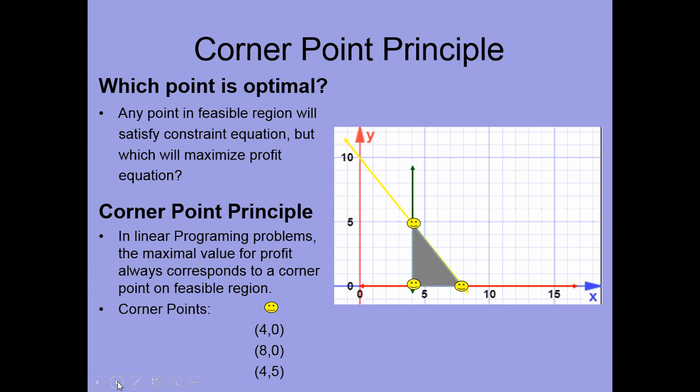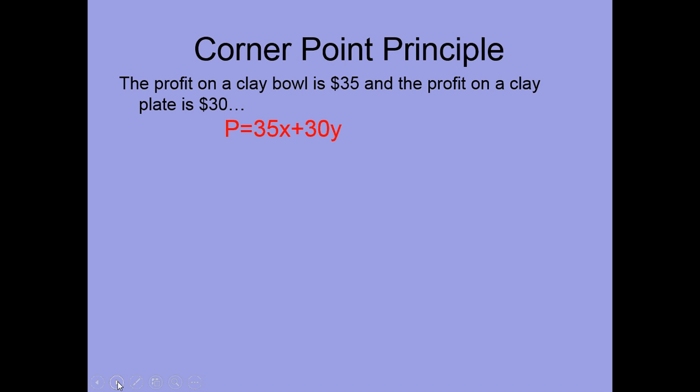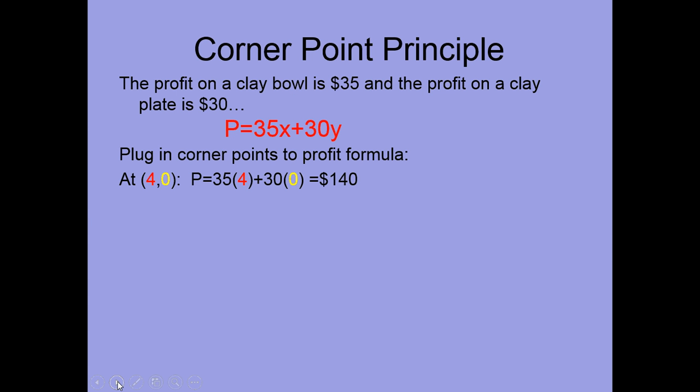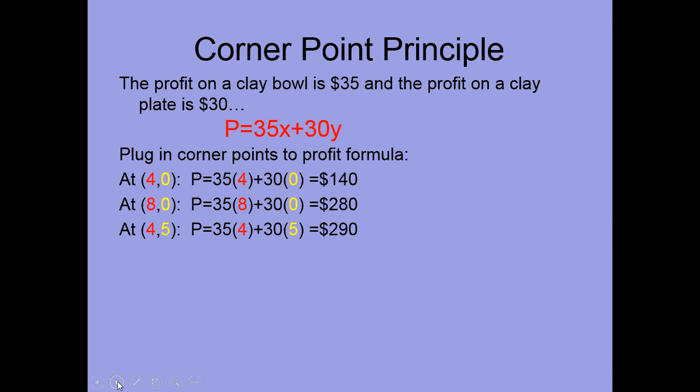So using the corner point principle, we'll go ahead and plug in all of those corner points into the profit formula to see what kind of profit they would make this potter. So if I plug in (4, 0), I end up with $140 profit. Not bad. (8, 0), $280 profit. That's twice as much. (4, 5), I actually end up with $290 profit.